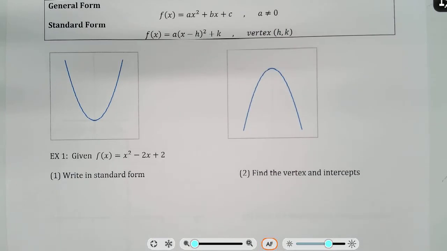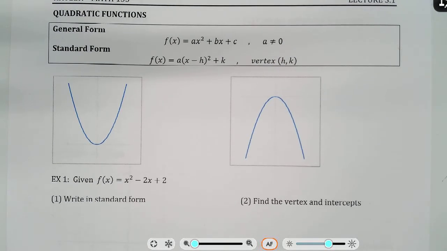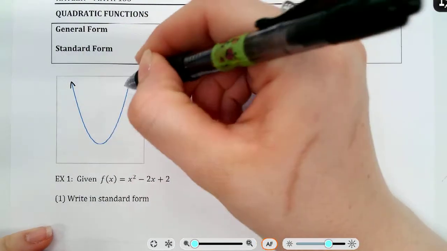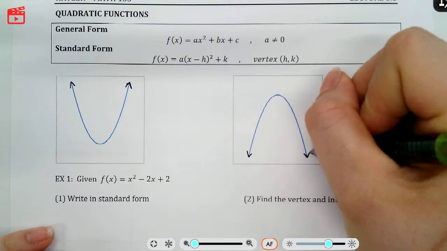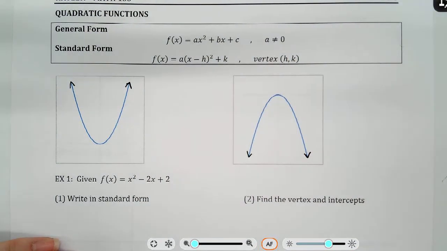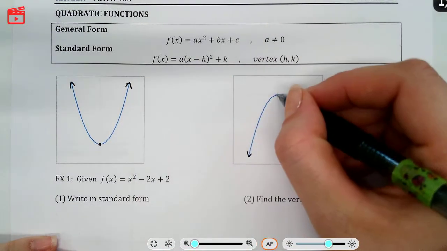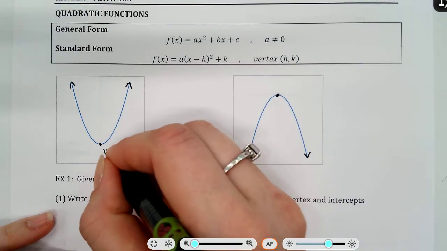When we're looking at parabolas or quadratic functions where the x value is being squared, there are two options: the parabola opening upwards or the parabola opening downwards. Some of the main features of parabolas are that you can have x and y-intercepts, as well as a thing called the vertex.